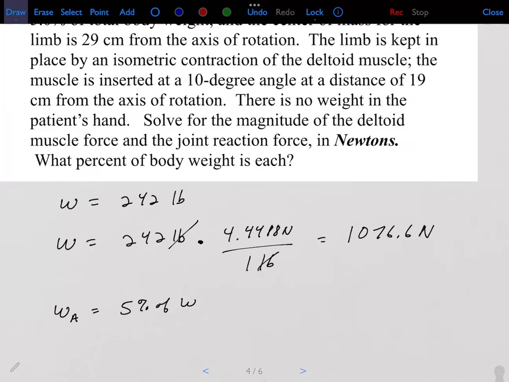So 5% of the body weight, you can write that as 0.05 times the body weight, times 1076.6 newtons. And that ends up being 53.8 newtons. Okay, let's draw this out. Let's draw out the situation here. So I have, here's the shoulder joint.